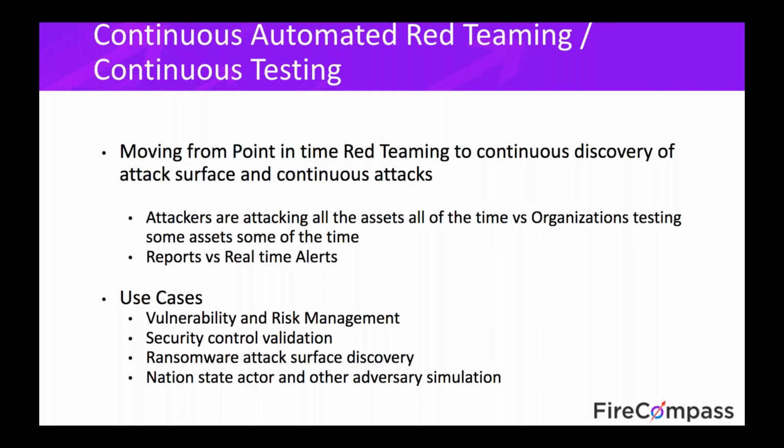And key use cases are vulnerability risk management, security control validation, discovering your ransomware attack surface, and nation state actor and other adversary simulation. So if you want to know how secure you are from the perspective of a nation state actor, the best way to know it is by simulating such kinds of attacks.